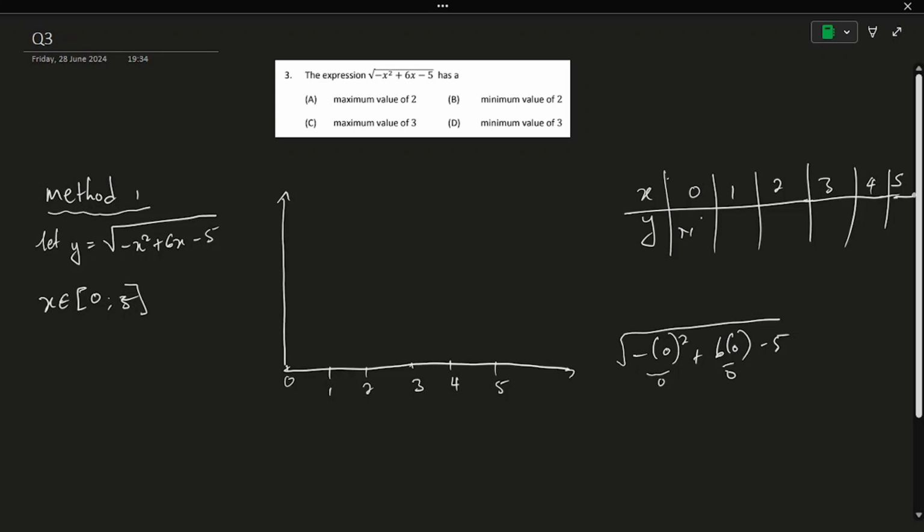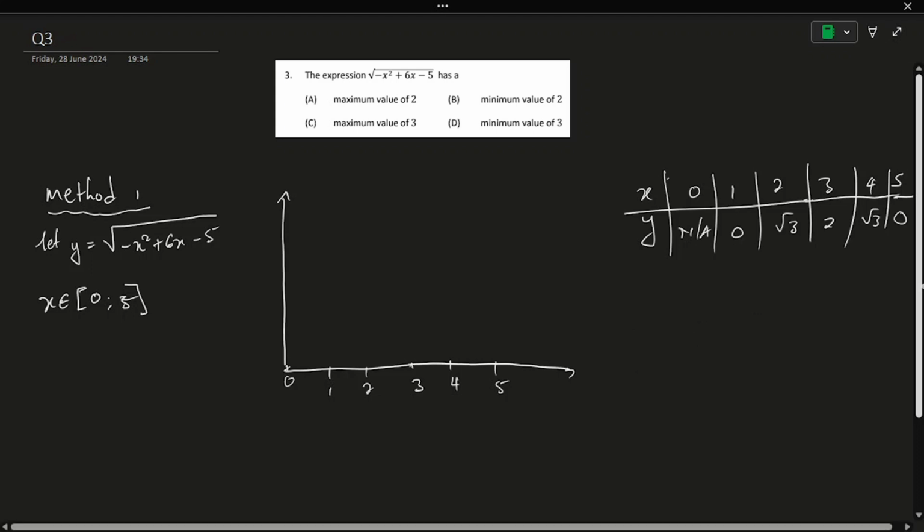So there's nothing there. I'm going to substitute for all other x values to save time, so you can try to substitute yourself. So this is what I got. After substituting all the x values, I got these y values.